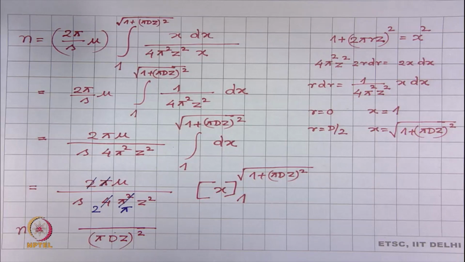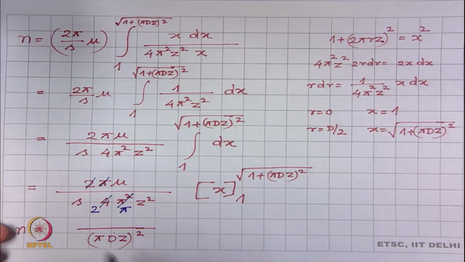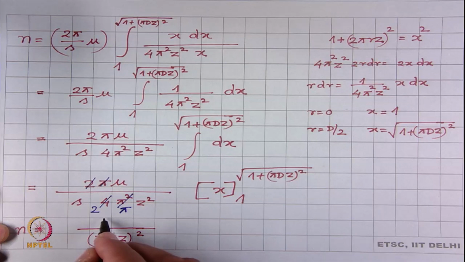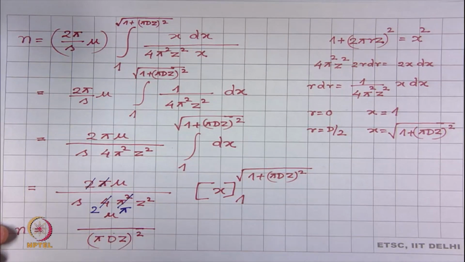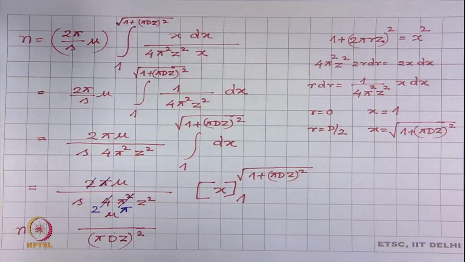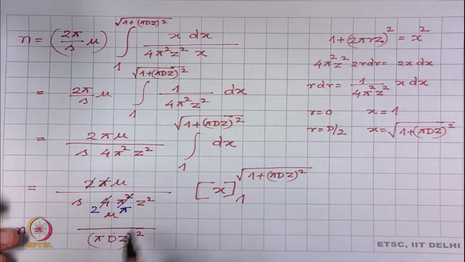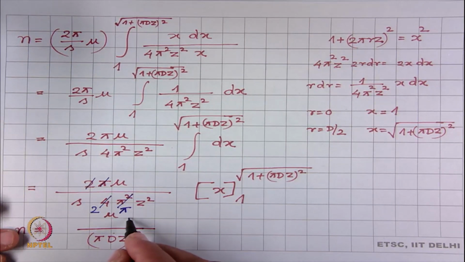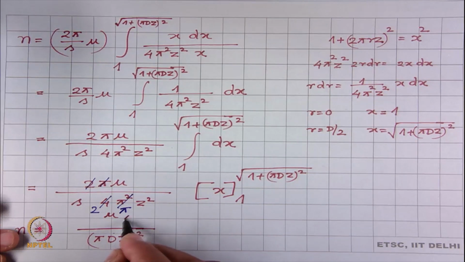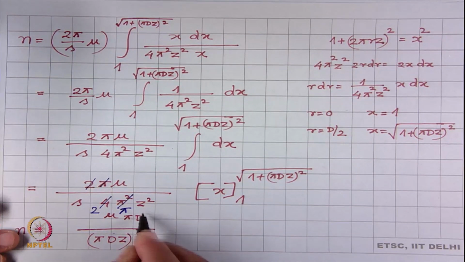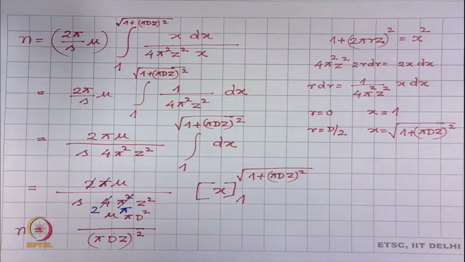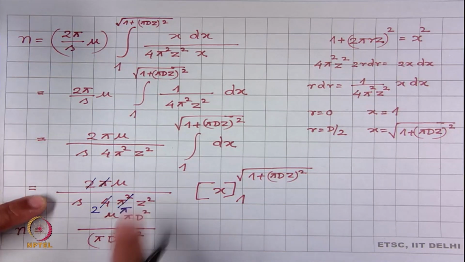In the numerator it will be mu pi d square, because 1 pi was already there.